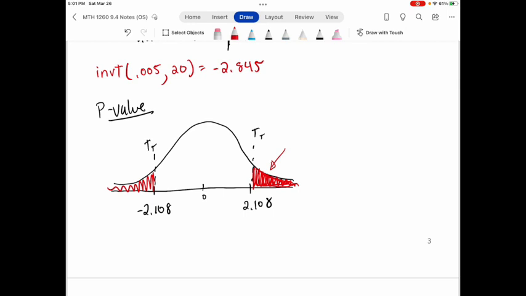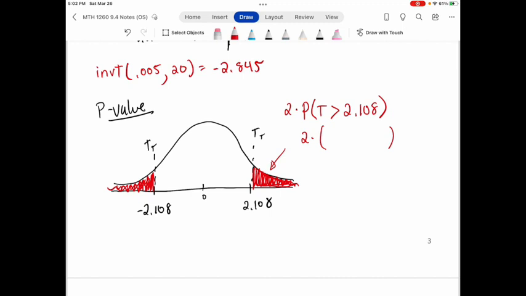Now to find the p-value, I'm going to find the area of one of these shaded red areas and then multiply it by 2 because there's 2 of them. Because I want to find the probability that it will land in either one of these wings. So I'm going to take 2 times the probability that you get a value of t that's greater than 2.108.